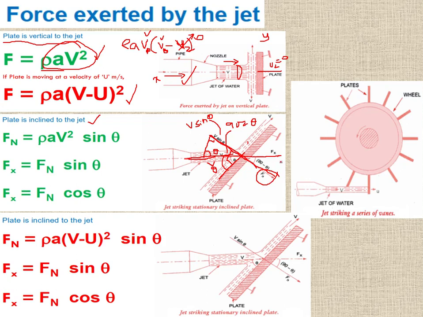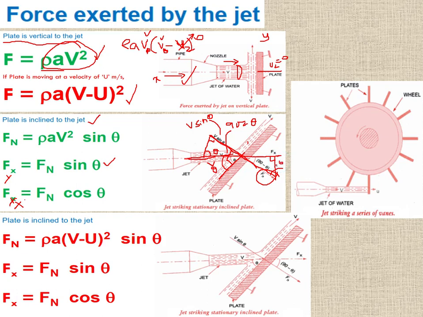If this is your x direction and you make the component from here, this is 90 degree and this is 90 minus theta, so this will be theta.